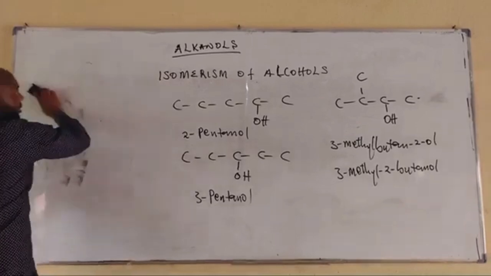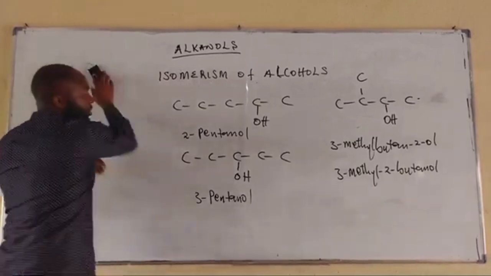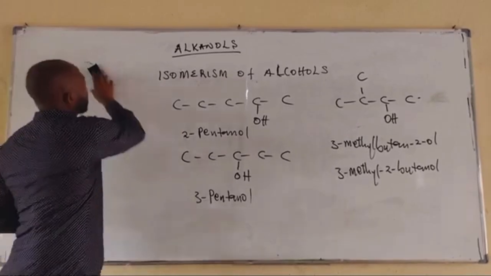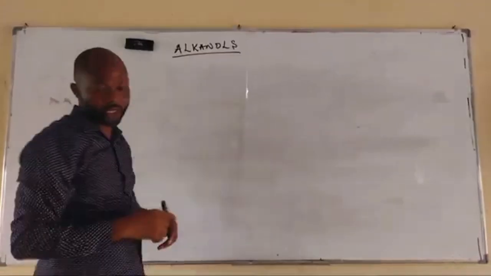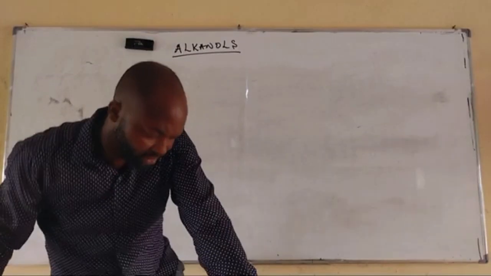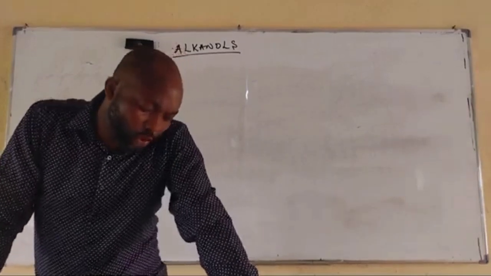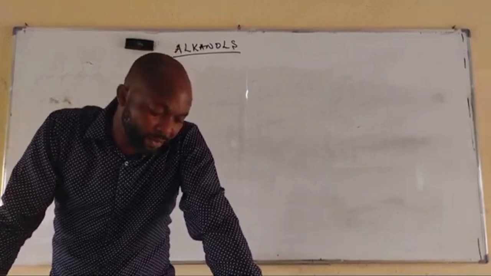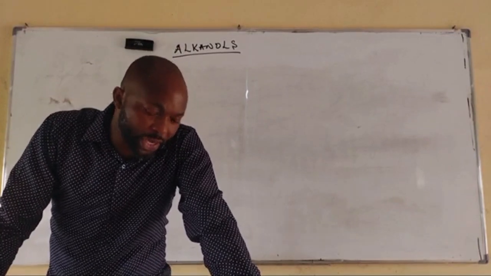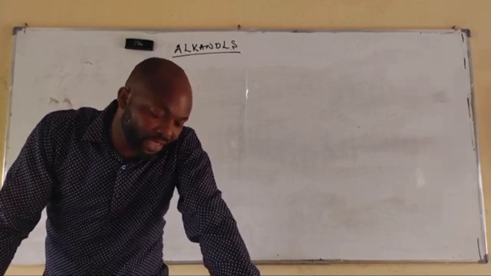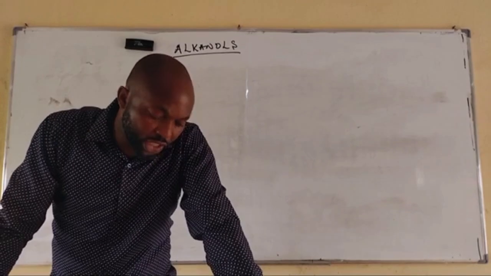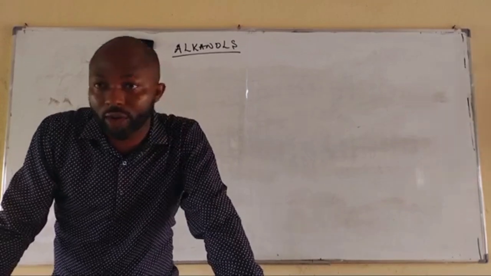Now, let's move on to another question. We are answering questions now. The next question says, write the structure and the IUPAC name of an optically active alkanol, which is isomeric with pentanol.